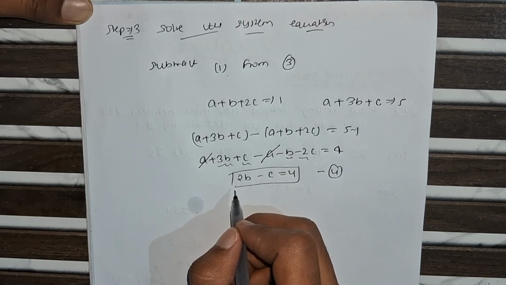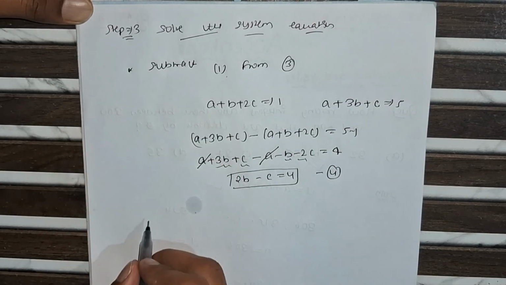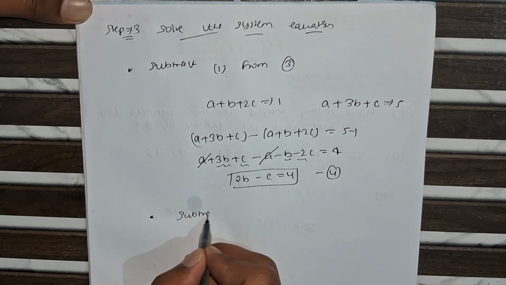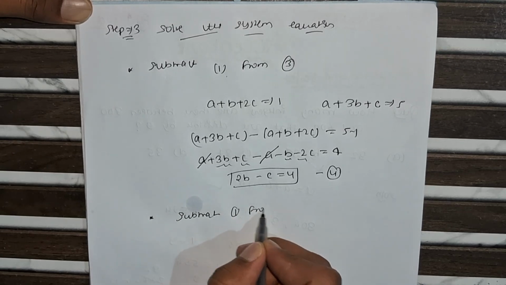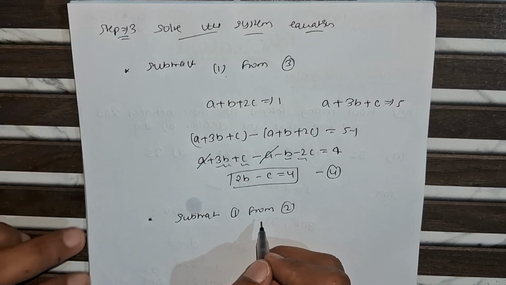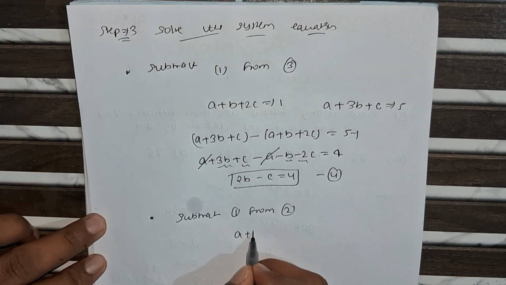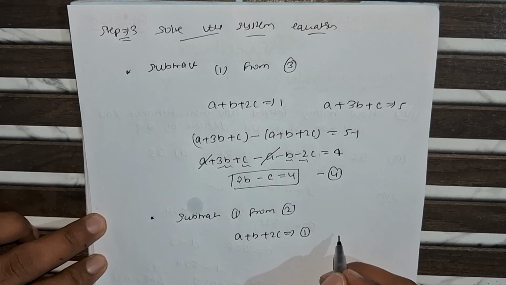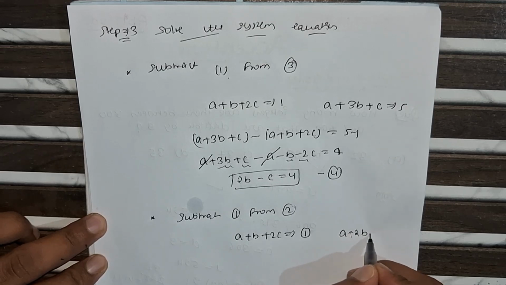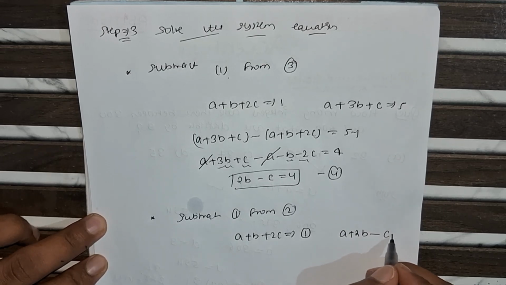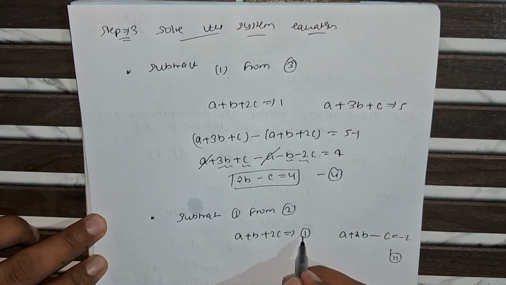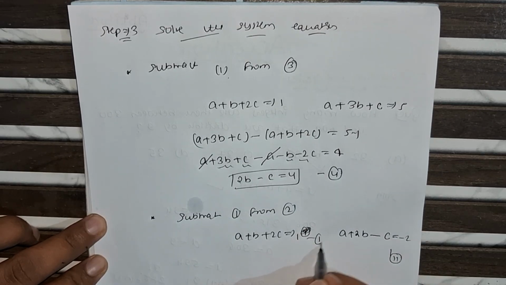Now our second point from step 3 is subtract 1 from 2. The first equation is a plus b plus 2c equals 1, and the second equation is a plus 2b minus c equals -2.